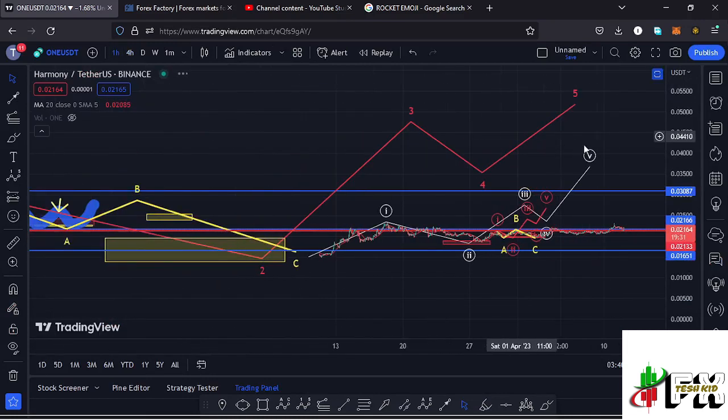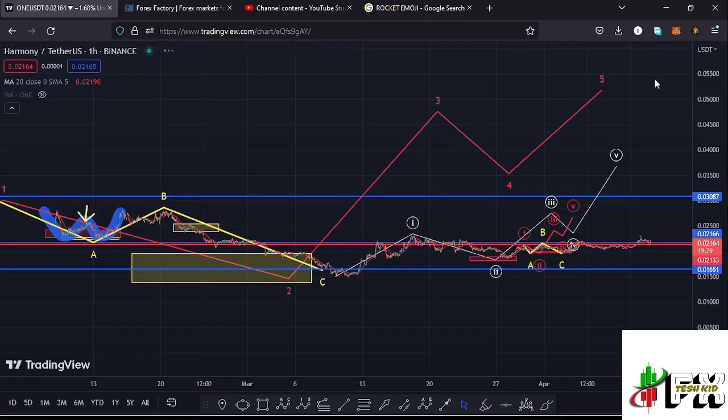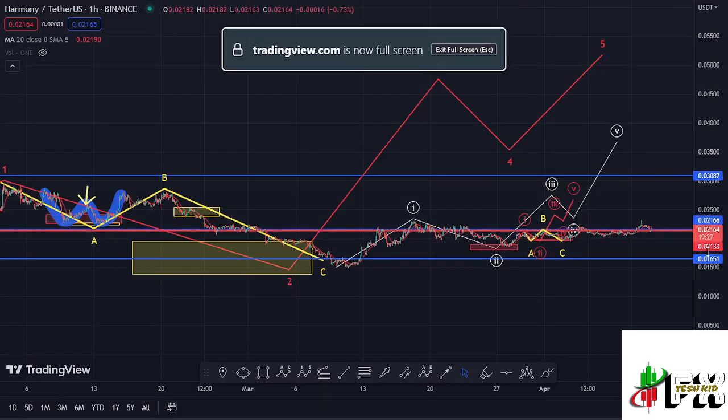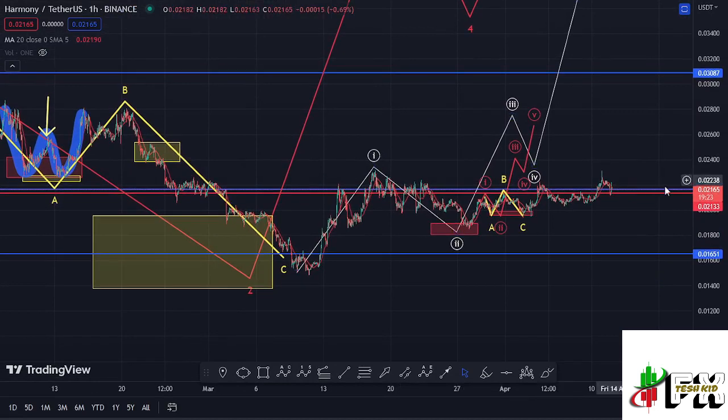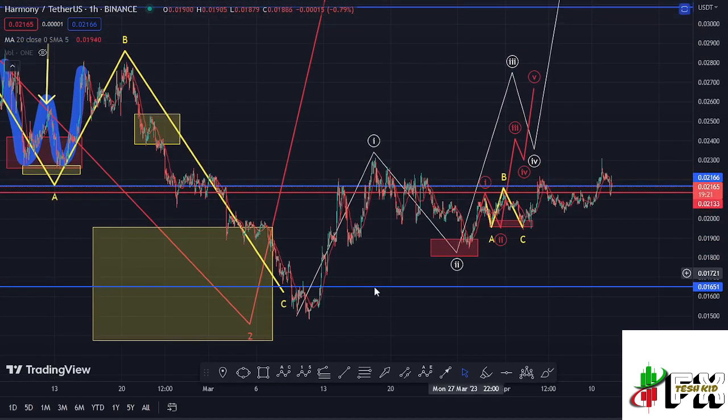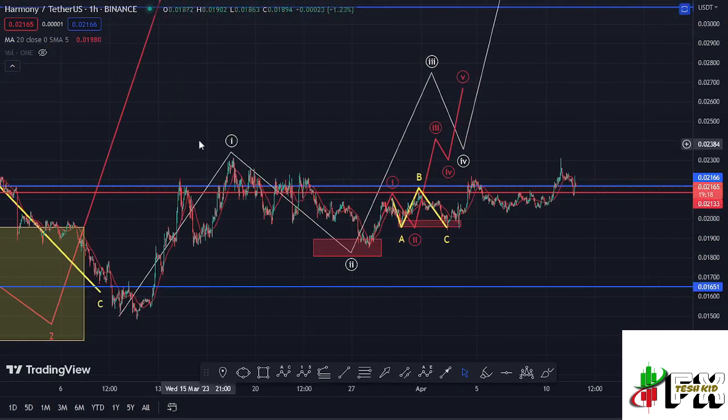So jumping to the 1-hour chart for further analysis and to give you the short-term scenarios that I'm expecting here on the Harmony 1 chart, where you can see that I have this Elliot wave structure in white, which is a fractal wave within the formation of that higher Elliot wave count 3, where we have peaked in that first wave, seen a corrective structure in the formation of the wave 2, getting into the minimum retracement area in the formation of that wave 2.